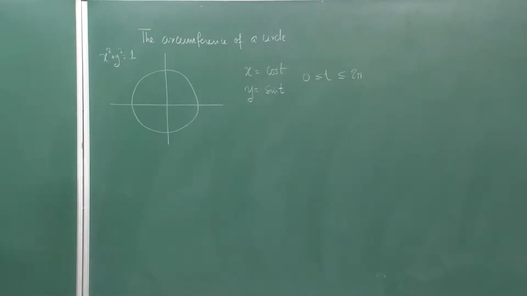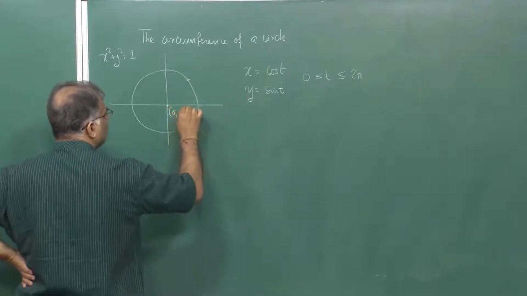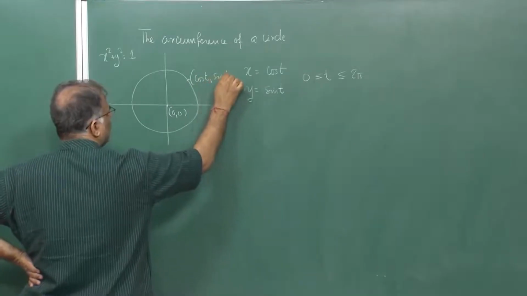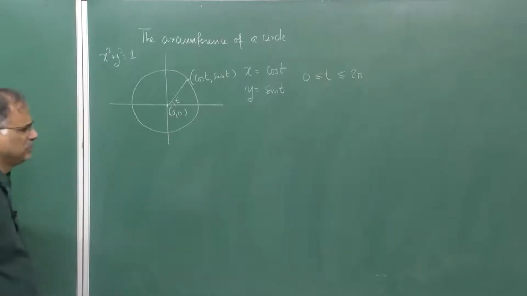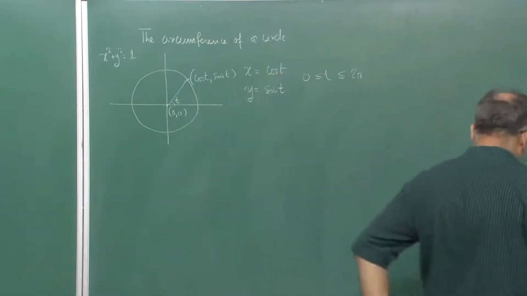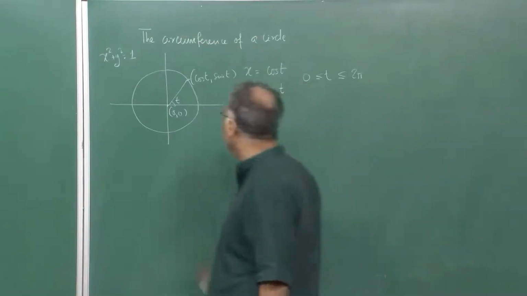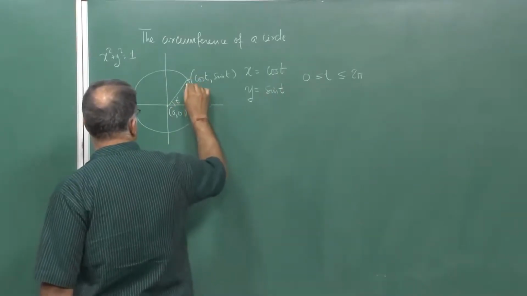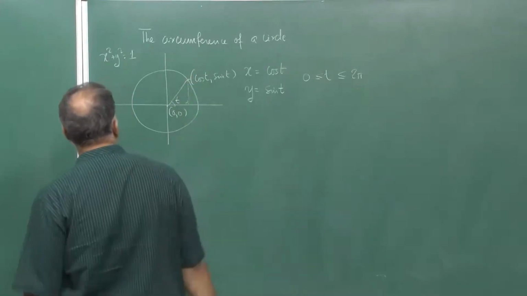So, any point on the unit circle with 0 0 as center can be written as cos t, sin t. What is this t? t is representing this angle that you get when you join it with the origin, because if you drop the perpendicular, this is your x coordinate and this is the radius, the hypotenuse of this right angle triangle.